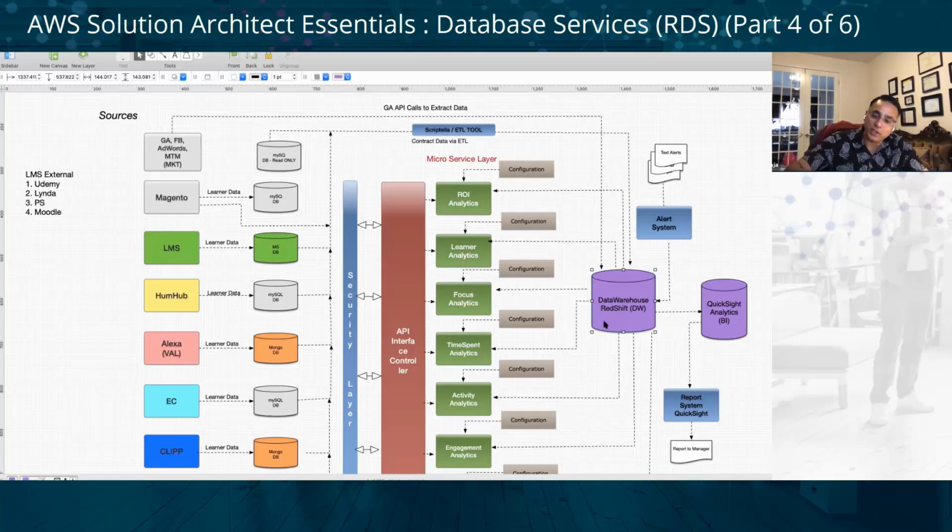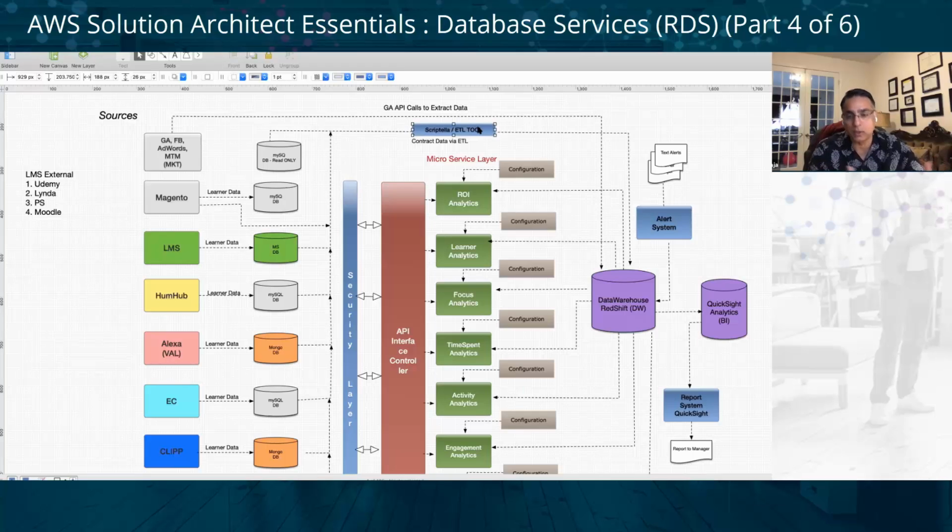That RedShift data warehouse hosts all of the data from different sources. Of course, you have to define your schema and whatnot, and you do have to have some sort of ETL tool, right? So extract, transform, and load the data. We are using Scriptella, but you can use any other tool that is available.